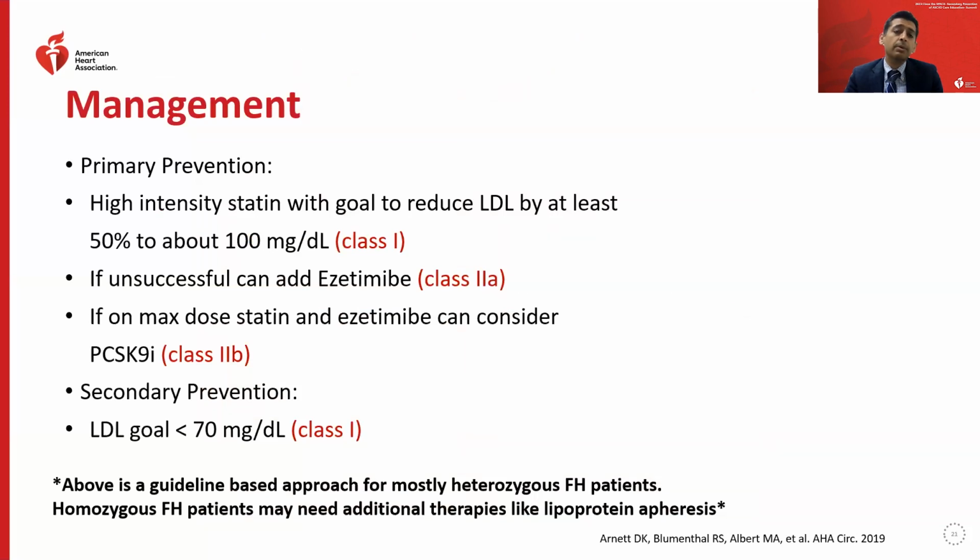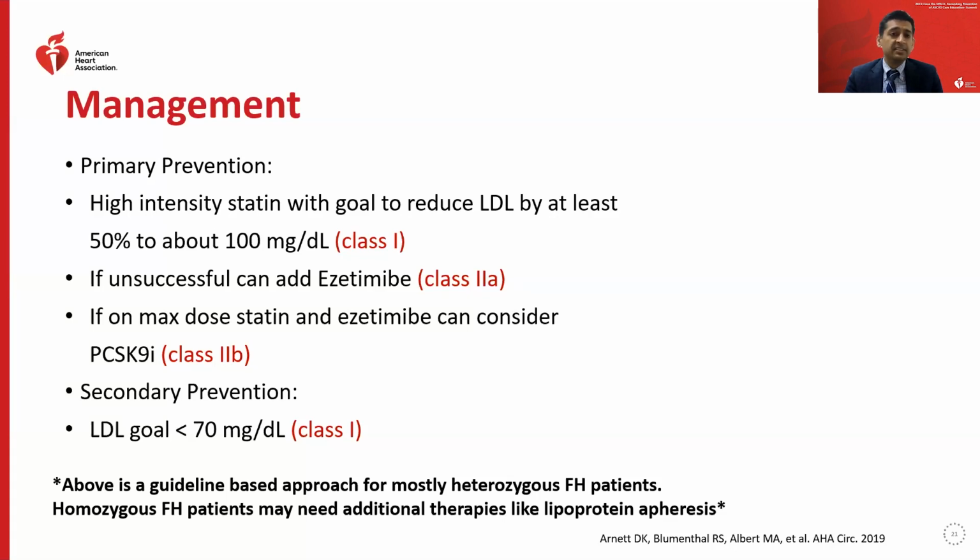So something to keep in mind, because if you intervene early on these patients, you can do them a lot of good. And so how we manage familial hypercholesterolemia and how we sort of intensify their LDL lowering therapy is we really want to focus on upfront high-intensity statin to bring the LDL down by 50% or to 100 or less, whichever is lower.